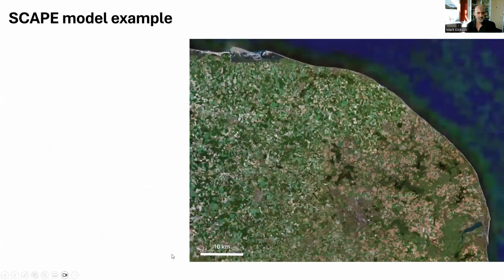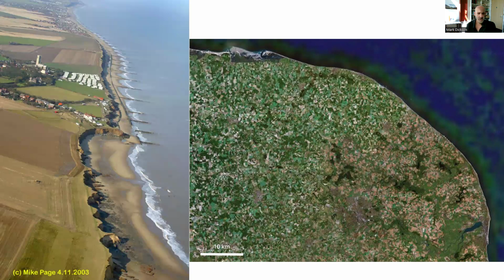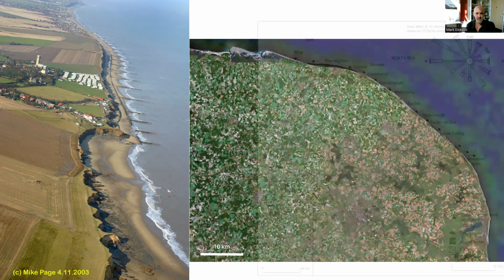So as an example application, this is the coastline of East Anglia, the Norfolk coastline. It looks relatively simple in plan view at this kind of scale. But when you zoom in, you can see that actually the coast is really rather complicated because of the effects of engineering interventions over very long periods of time that have interrupted coastal sediment transport and coastal erosion rates.